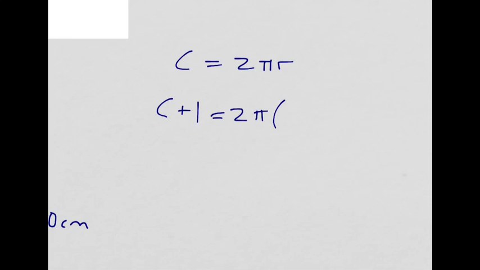We're going to take the formula C equals 2 pi r. Right now, all this means is some arbitrary unknown circumference is equal to 2 pi times the radius of that object. We're going to add 1 to the circumference. That will add something, we'll just call that something x, to the radius.